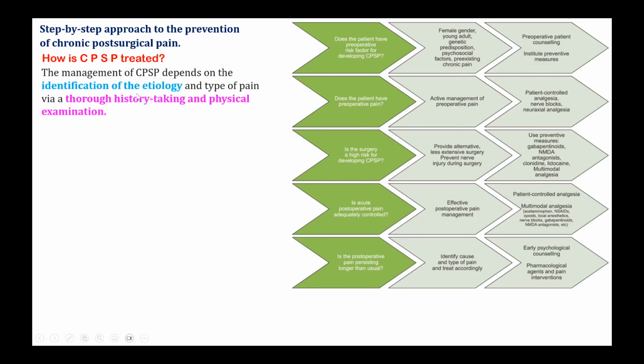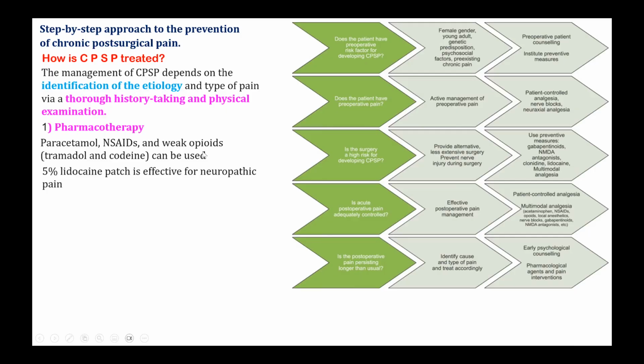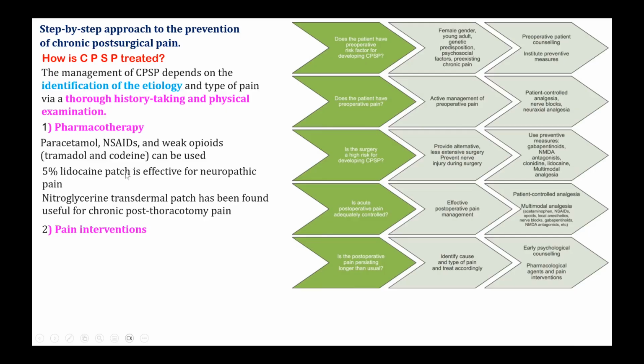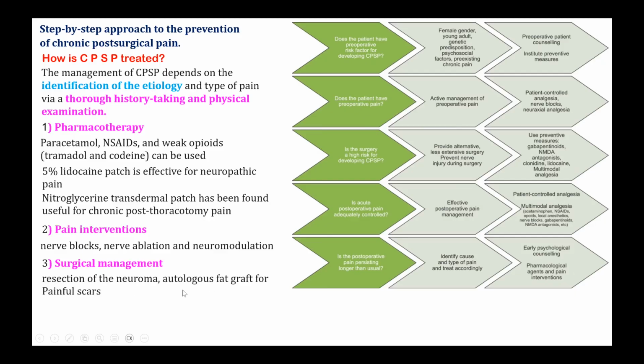And it is treated by identifying the etiology through history taking and physical examination. You can do pharmacotherapy. You can use various drugs, and lidocaine patches are now more effective for neuropathic pain. Nitroglycerin transdermal patch is also used for chronic post-thoracotomy pain. Pain interventions like nerve block, nerve ablation, and neuromodulation. Surgical management, resection of neuroma and autologous fat graft for painful scars, are also being tried.